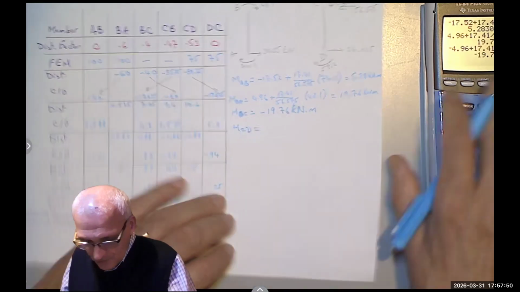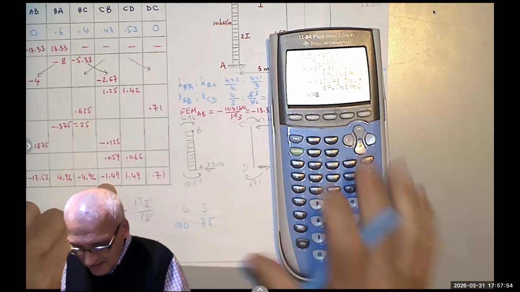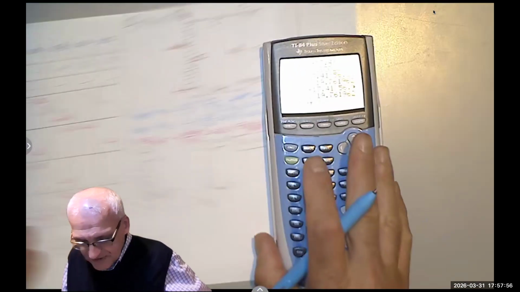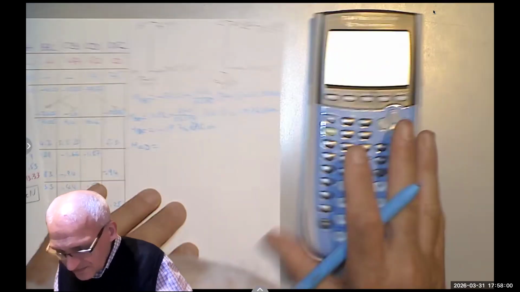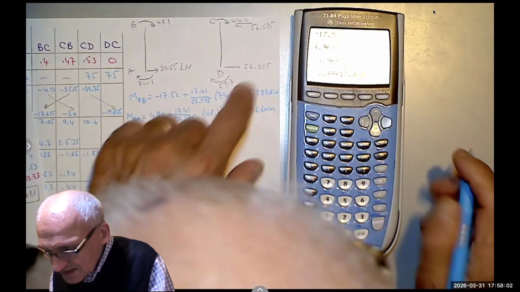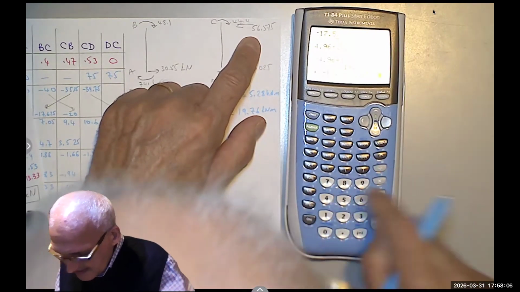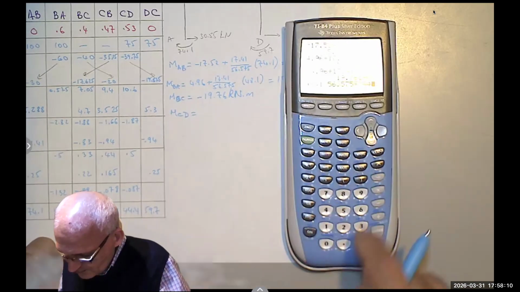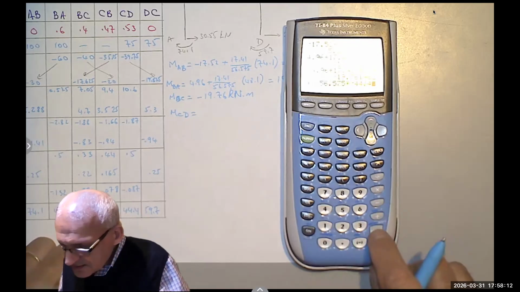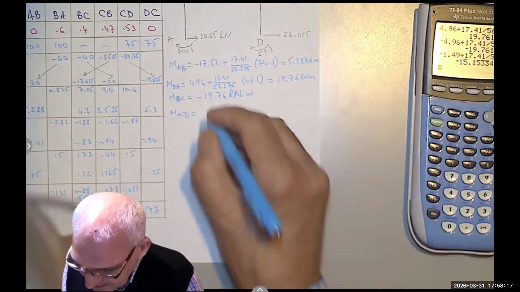MCD would be negative 149 plus 1741. Let's say 471. I don't know where I got that. Divided by 56.575 times negative 44.4, right? So I get negative 15.15.